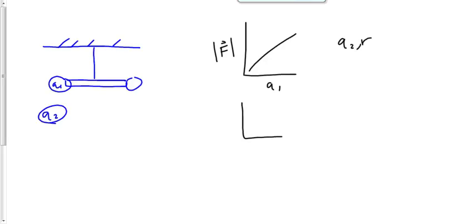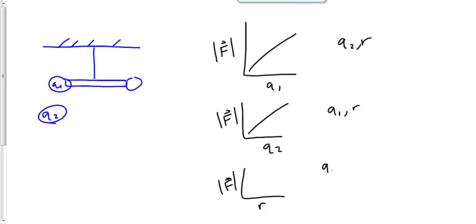Then he manipulated Q2, saw how F responded to that, keeping constant Q1 and R. He would have got a straight line for that one as well. And then finally, he would have manipulated the value of R, the distance that separates the charges, keeping constant Q1 and Q2. And for this one, he would have got a relationship that looks like this. It's called an inverse square relationship, where as R goes up, F goes down exponentially.